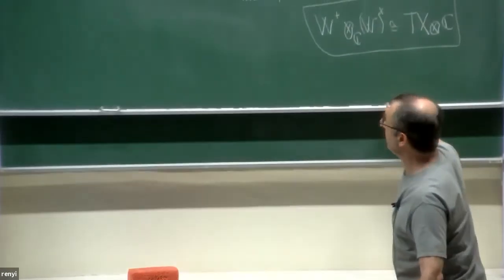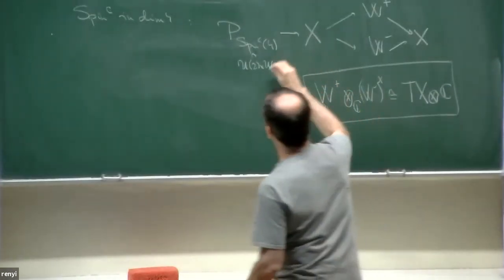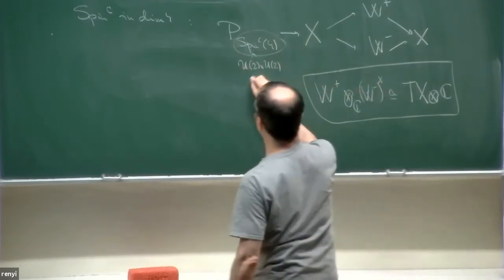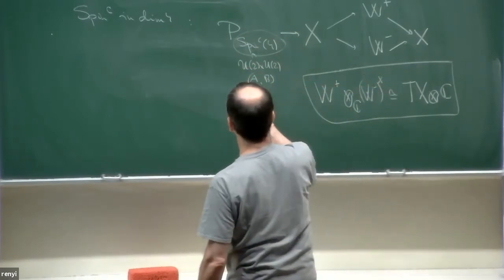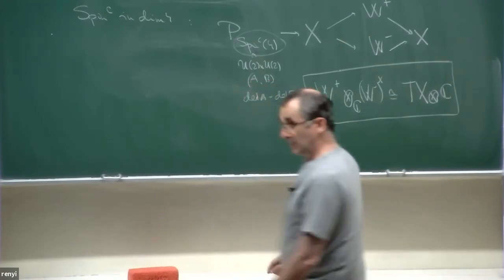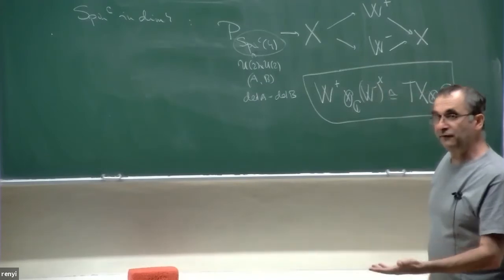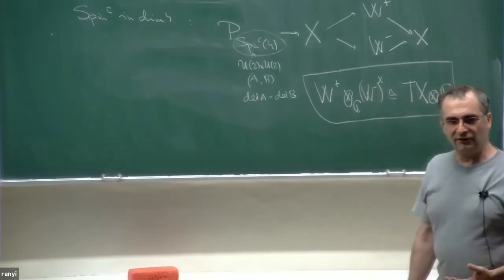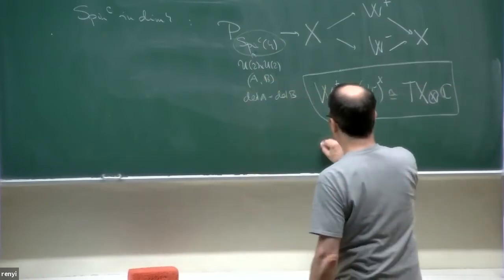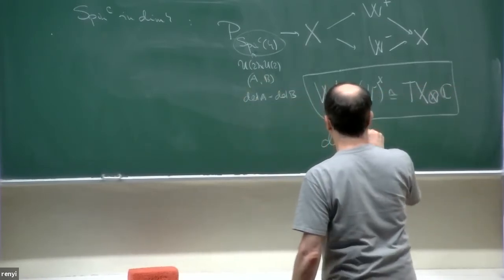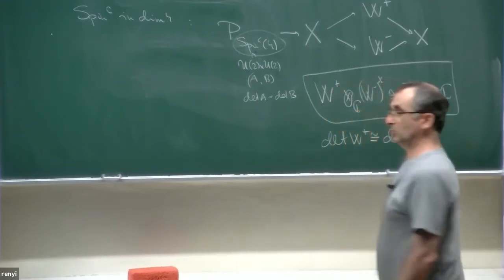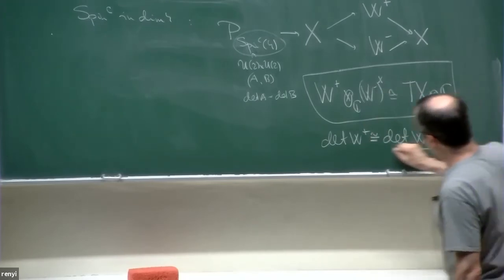Let me just get back to there, because you have to remember that spin C4 is a subgroup of U2 cross U2, where we have the condition that the determinant of A is the same as the determinant of B. And determinants can be defined for matrices, but they can be defined for bundles as well. So this identity transforms to the sentence that the two determinant line bundles are isomorphic. Sorry, I forgot to add that.